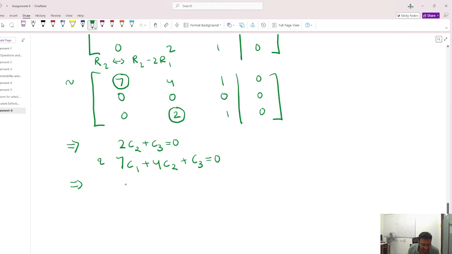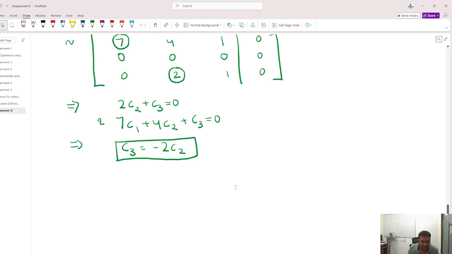So this implies c3 you can write as minus 2c2. So from the second equation, what you will get is 7c1 plus 4c2 minus 2c2 is equal to 0. So c1 is also equal to minus 2c2 by 7, something like this, right? Okay.